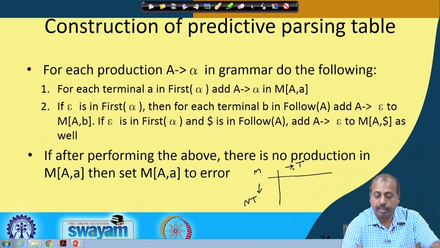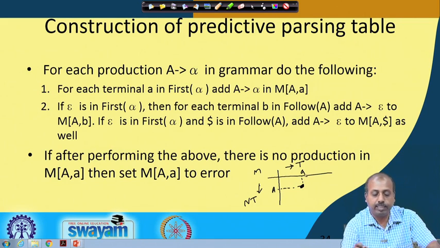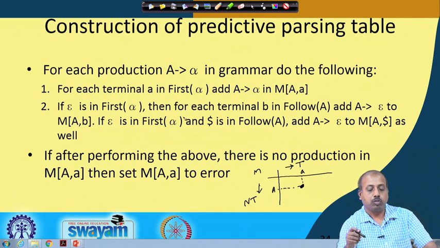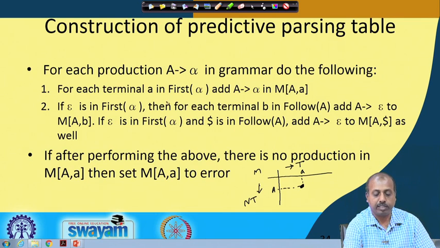So, M[A, a] corresponds to this particular non terminal and this particular terminal. What is the entry here? If a is in first of alpha, where A producing alpha is a grammar rule, then we add this rule A producing alpha to this particular entry.